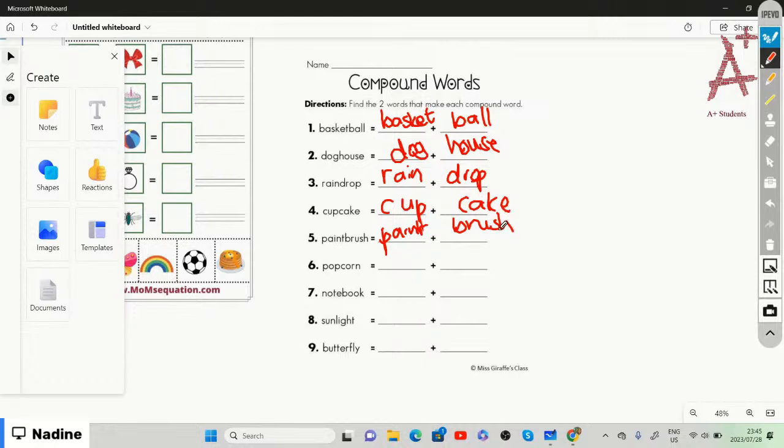Then the next one we have popcorn. Popcorn is pop and corn. So pop plus corn equals popcorn. And then we have notebook. If we separate those two words, then we can say it is note plus book.